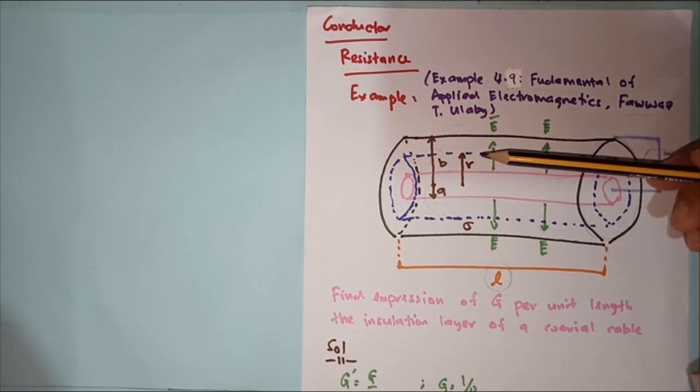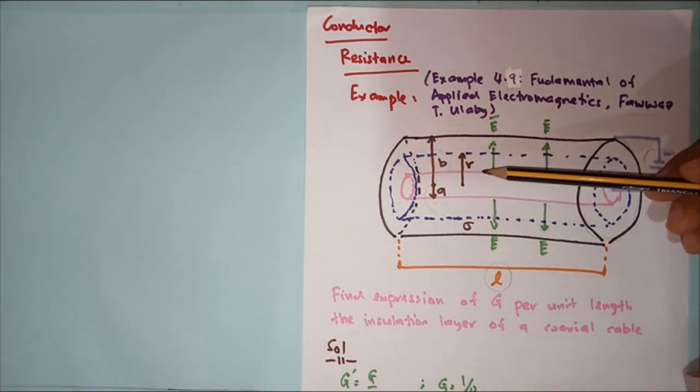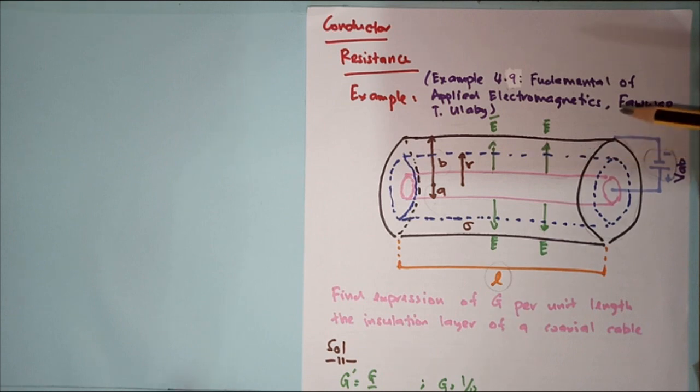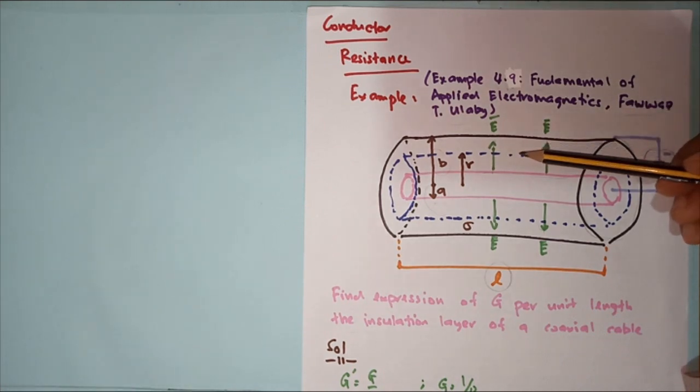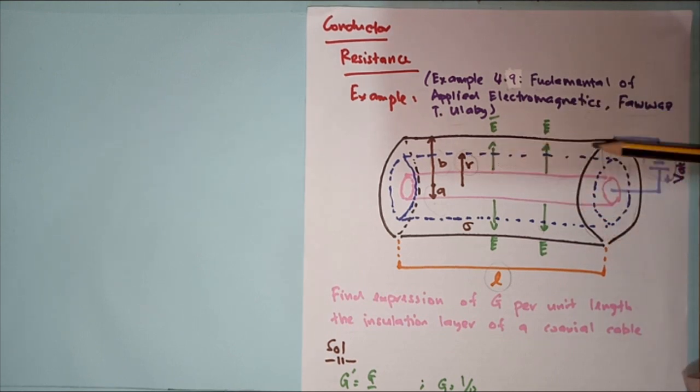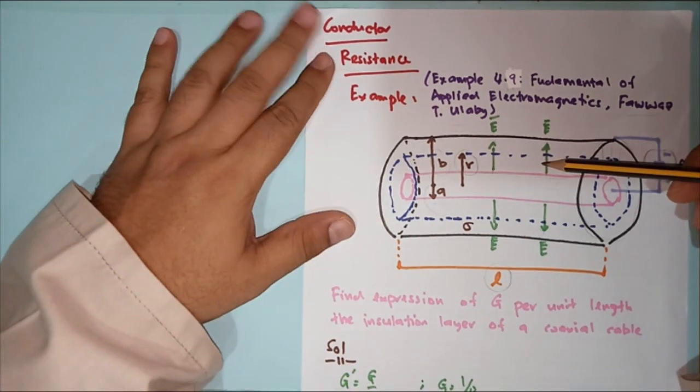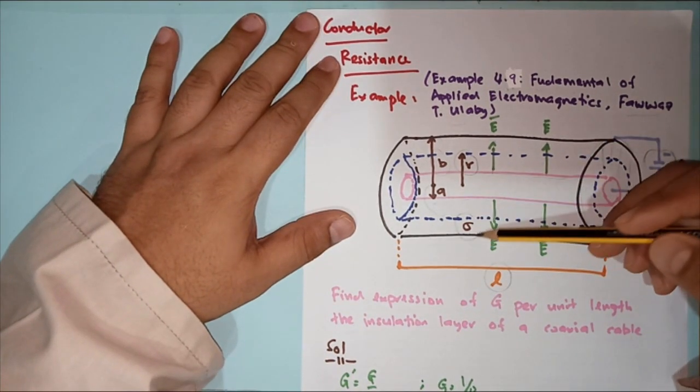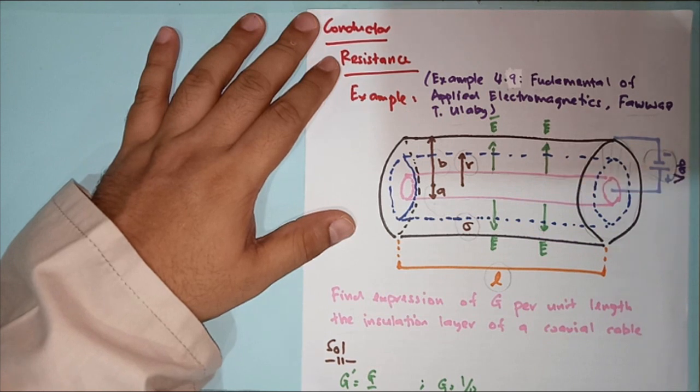So we have the average radius, which represents the average radius of the insulation layer. In this case, it is represented by R, and the conductivity of that particular insulation is given by the value of sigma.